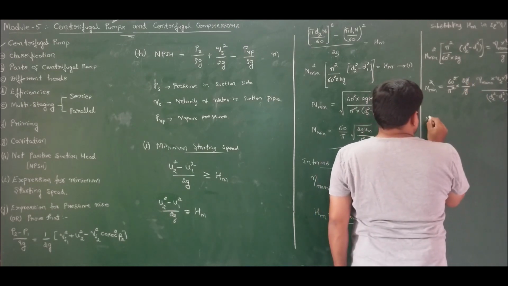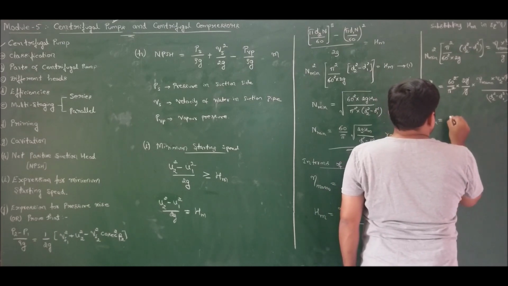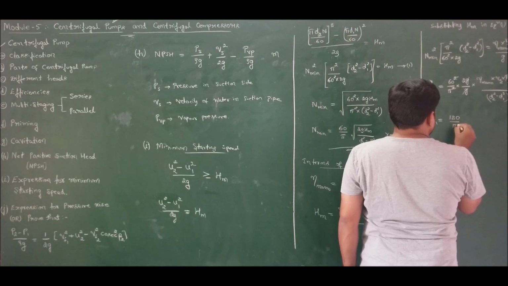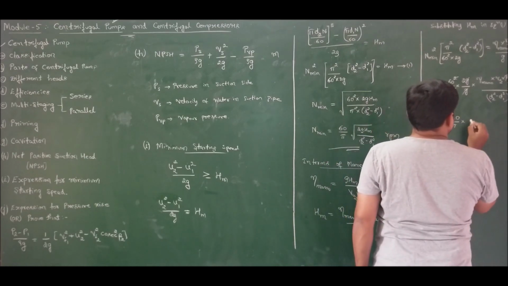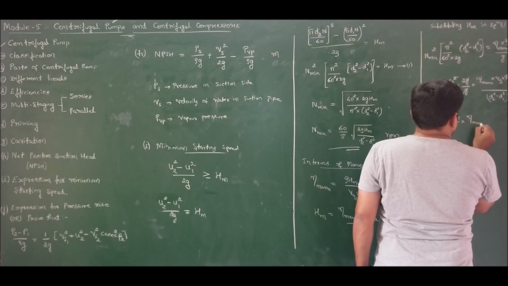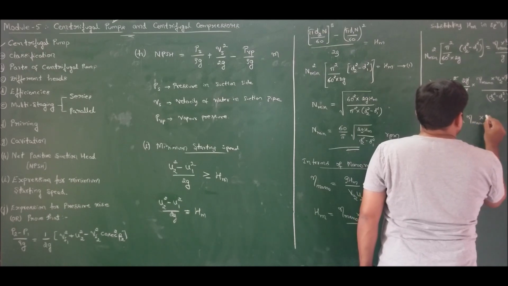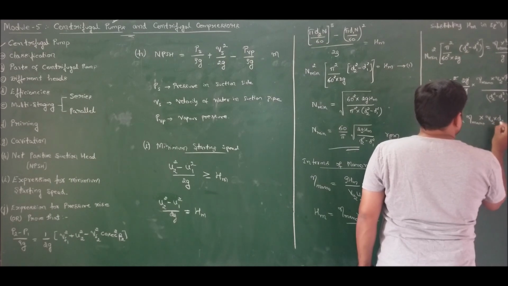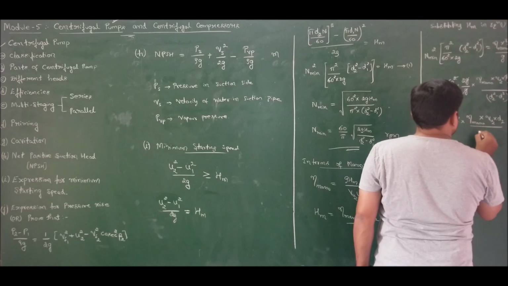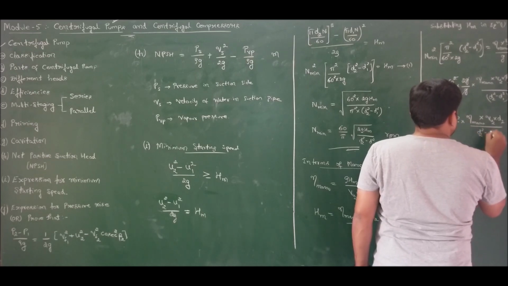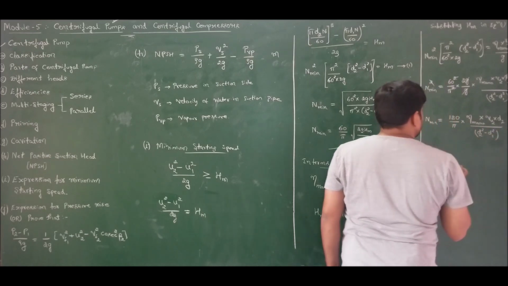So therefore N minimum will be 120 by pi into eta mano into Vu2 d2 divided by d2 square minus d1 square.